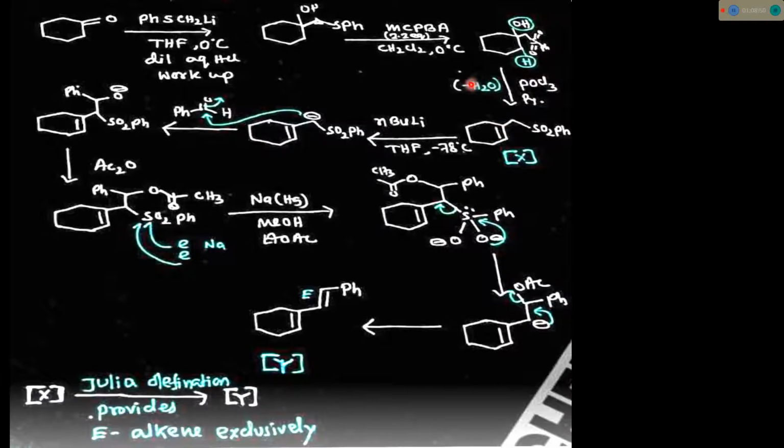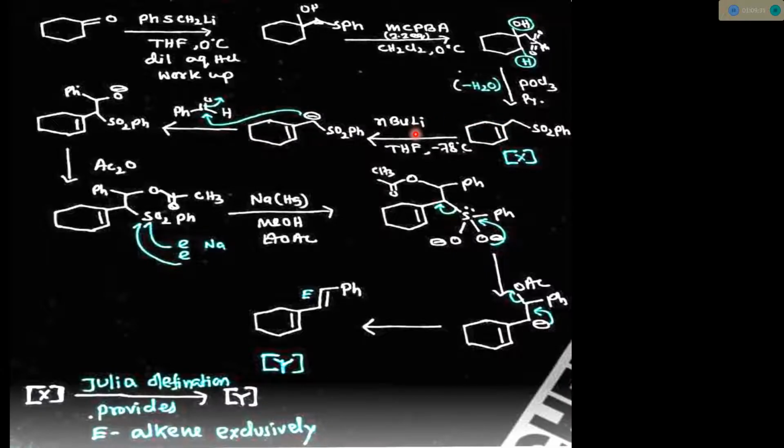It does not leave as minus H2O, but it will leave as OPOCl2. OH is not a good leaving group, so it first becomes OPOCl2, then the elimination occurs. So minus H2O is not correct in this step. So first OH becomes OPOCl2, a good leaving group, then the elimination will occur. So we will get this kind of compound.